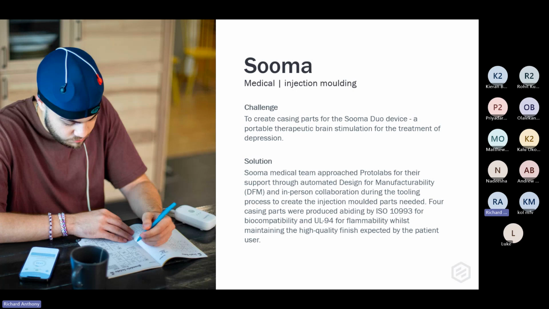And one thing to point out, particularly for injection molding, is that it is a relatively complex thing, and it can be complicated to design parts right for injection molding. Lots of the time we deal with customers who are very expert in the technology that goes inside the box, if you like. They're not necessarily expert in the manufacturing process that we use to make the box.